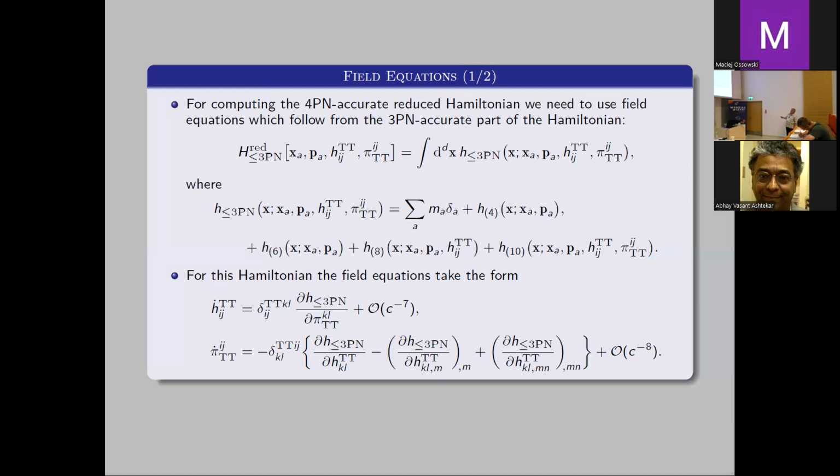Looking carefully at the form in which these TT variables appear in individual Hamiltonian densities, you can easily show that the field equations look as follows. You have the equations for the time derivative of hTT and the equations for the time derivative of piTT.